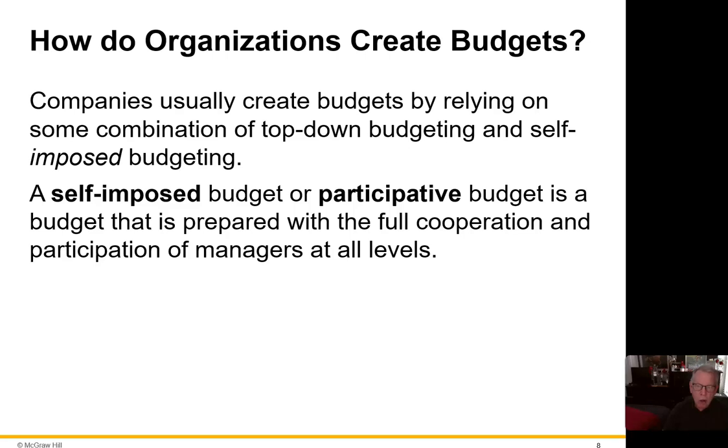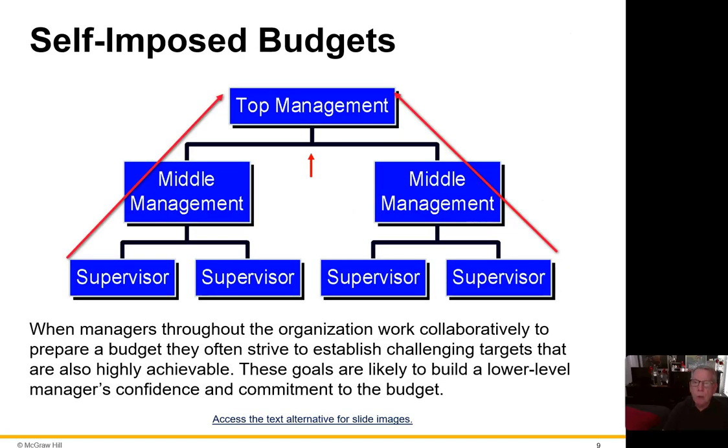It takes a lot longer to do that, takes a lot better planning to do that, but it's well worth it in the end because we have buy-in by our employees as to how that budget was created and that will give us a much better probability of achieving our goals. So these self-imposed or participating budgets are bottom up. Here, the supervisors, middle management, up to top management.